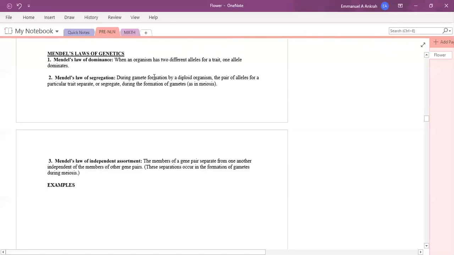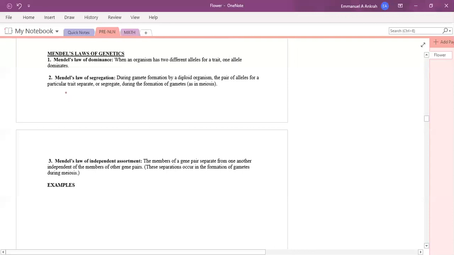It says that during gamete formation by a diploid organism, the pair of alleles for a particular trait separate, or segregate, during the formation of the gametes. A diploid organism has two pairs of genes, like human beings. The body cells are diploid, while the sex cells are haploid. Haploid means just half the number of chromosomes. The egg will have half, the sperm will have half, and if they combine, they form a diploid.